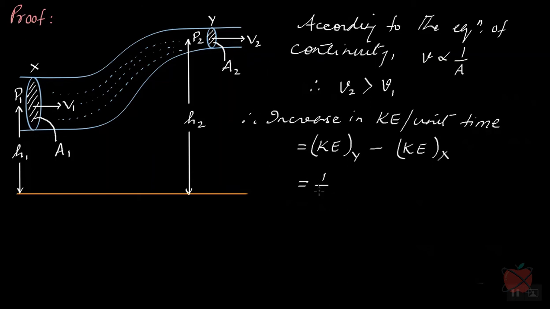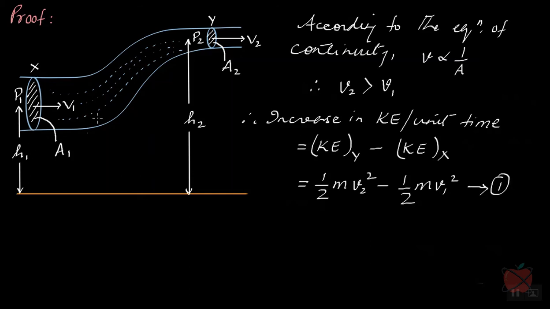So that will be half m v2 square minus half m v1 square. Let's call that equation 1. Okay, let me explain to you again why I don't write here m2 and here m1. The reason is because the same amount of mass of the liquid will flow in the same time through this point and through this point. Okay, so that is the first equation.